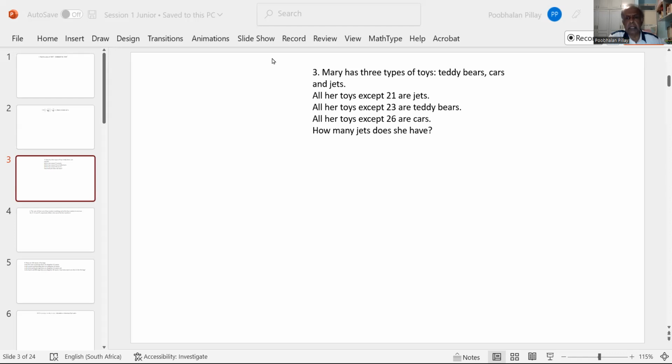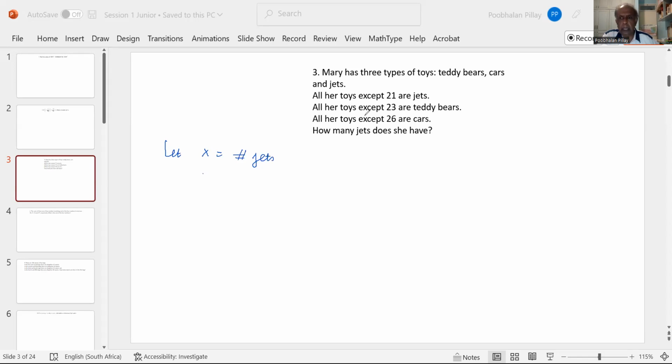So let's give symbols to each one of these. Okay, so these are unknowns. So this is a problem. And you got 3 unknowns because you don't know how many jets there are. So let's give names to this. Let x equal the number of jets.